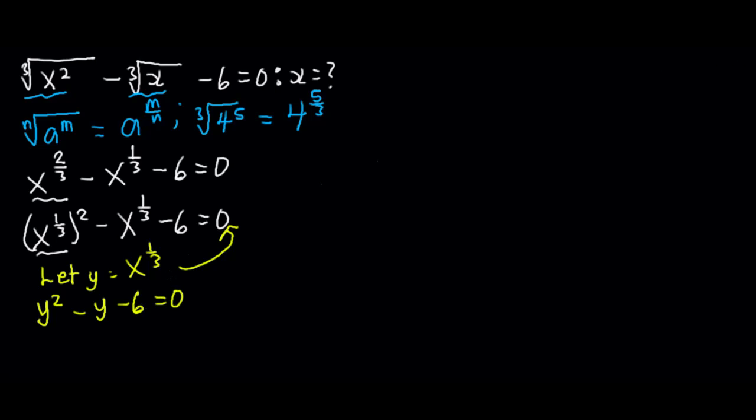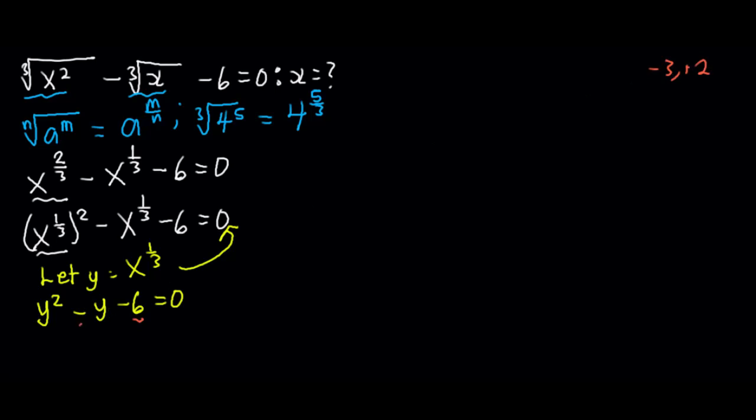Now, what I'm going to do is pick two values such that when we multiply, we get negative 6, but when we add, we get negative 1y. And these numbers are negative 3 and positive 2, since negative 3 times 2 gives us negative 6, but negative 3 plus 2 gives us negative 1.